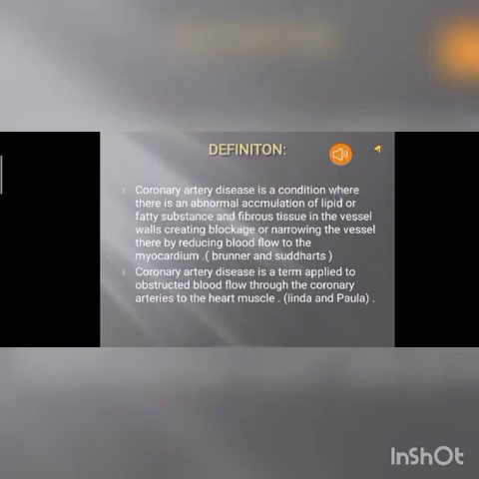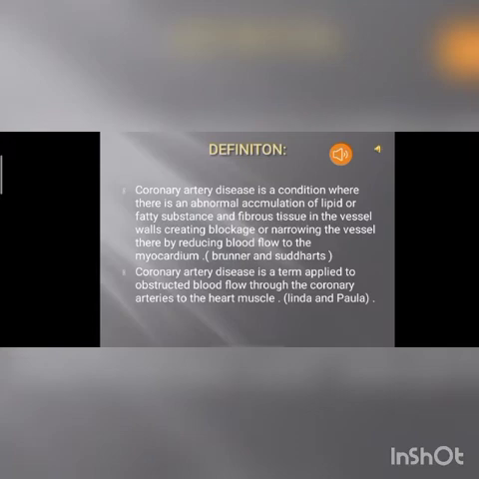Coming to the next definition, given by Brunner and Suddarth: coronary artery disease is a condition where there is an abnormal accumulation of lipid or fatty substances and fibrous tissue in the vessel wall, creating blockage or narrowing of the vessels, thereby reducing blood flow to the myocardium.